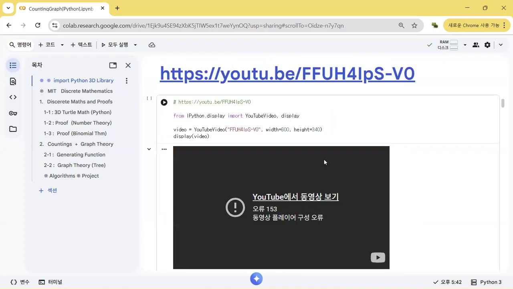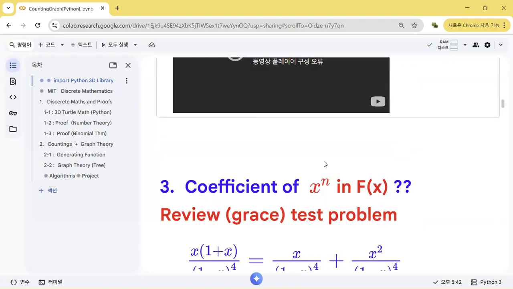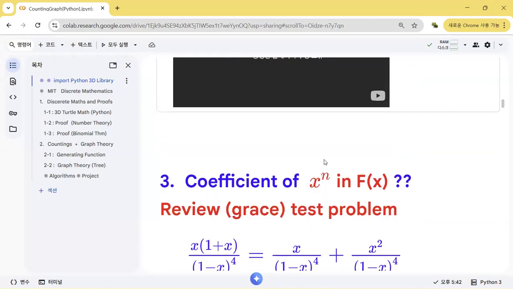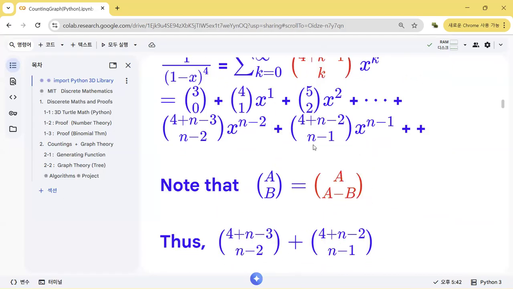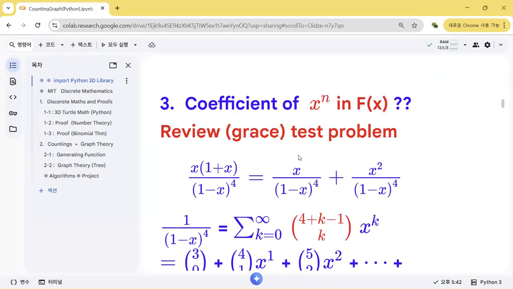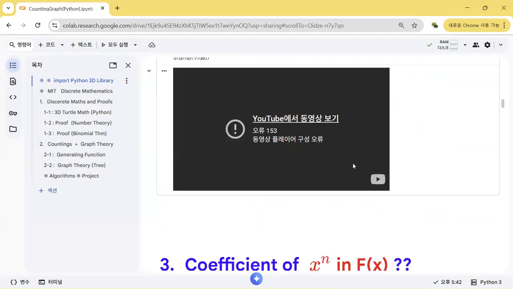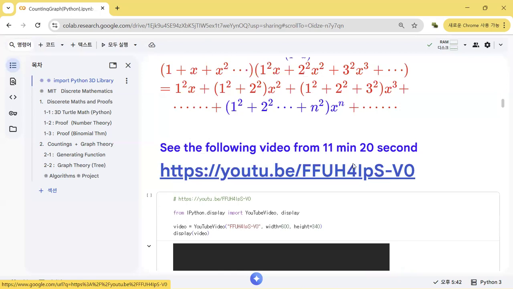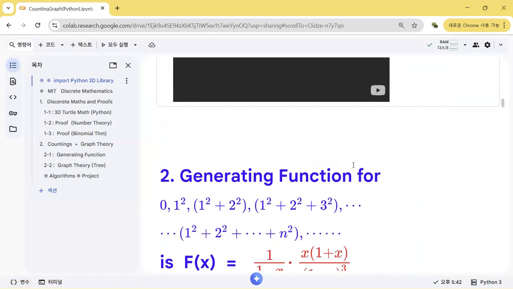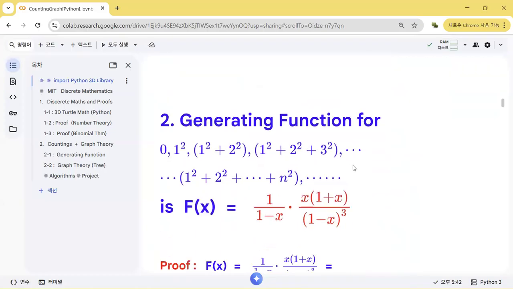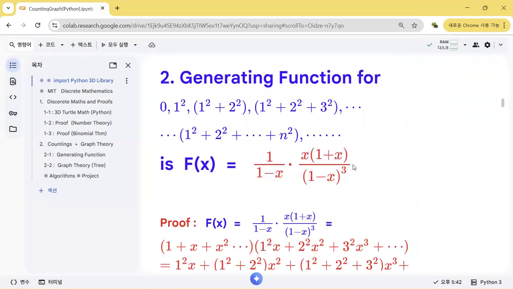Now the really important one is part three. This one will be our quiz problem, the grade test problem. I will explain this one later, and I will provide you another video for this one. But for this quiz problem, let me explain this one in this video.